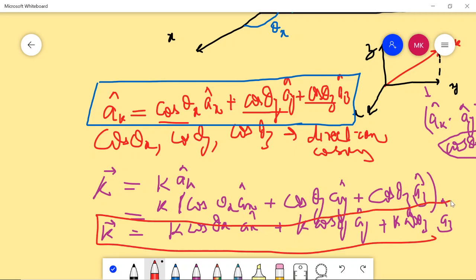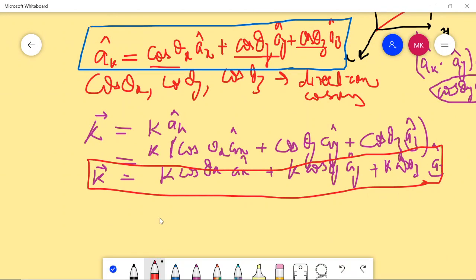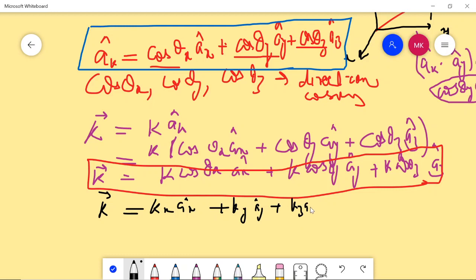Now if you compare this with the previous k that we have written, previously k was written as kx ax plus ky ay plus kz az.